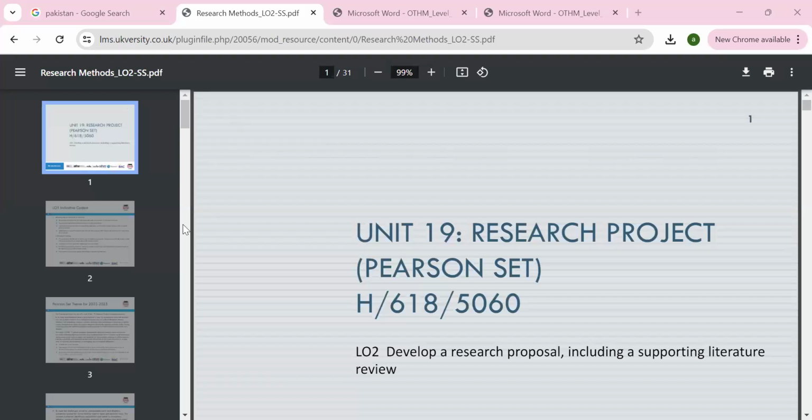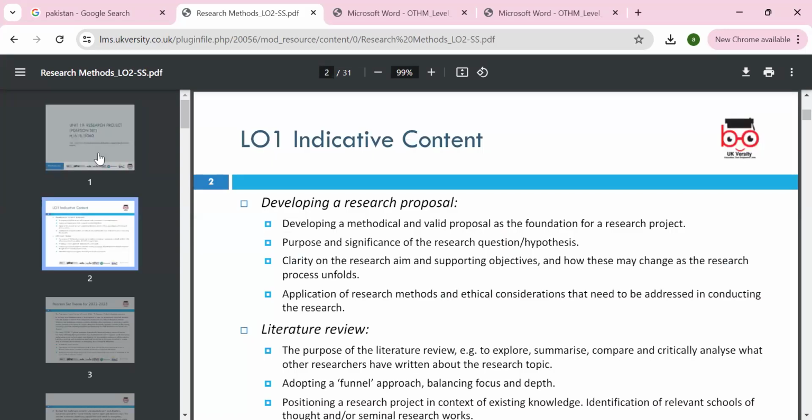Today's lesson looks at LO2, which is to develop a research project, including a supporting literature review. That's the key: how we can support the literature review.